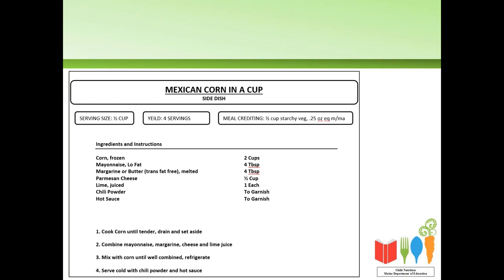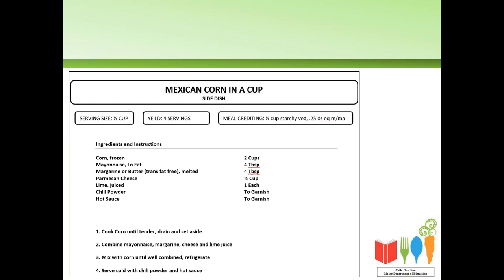You'll see when we get down to the ingredients that we have exchanged the corn on the cob for frozen corn and changed it to a volume amount. We have also opted to list the cheese ingredient as Parmesan cheese because that was an option. The cotija cheese is not exactly a common item found in school nutrition programs. And down at the bottom, you'll see that we have our clear directions for use.